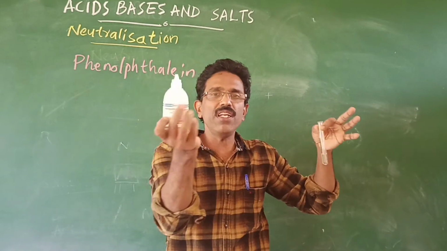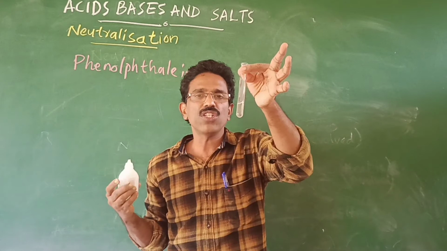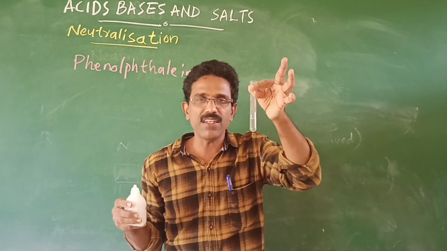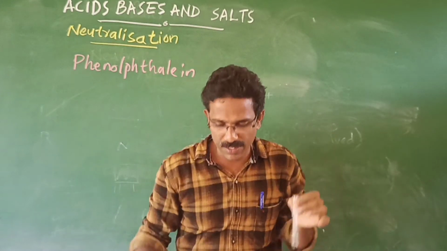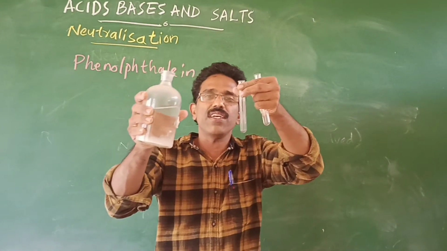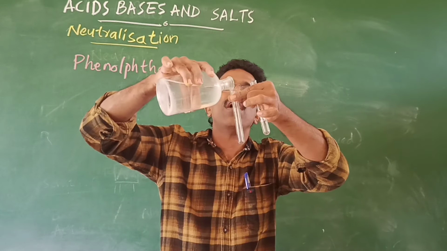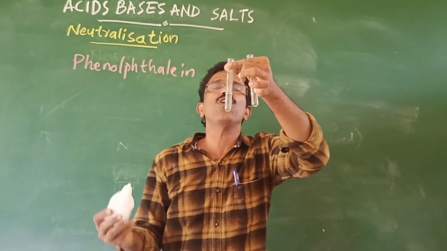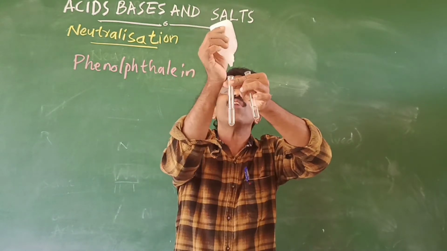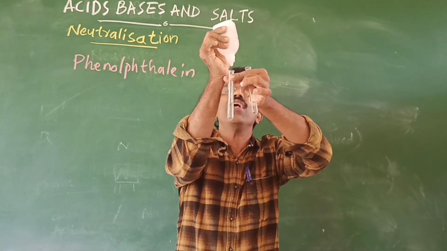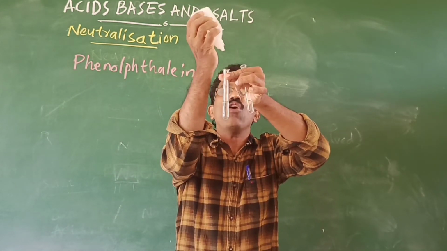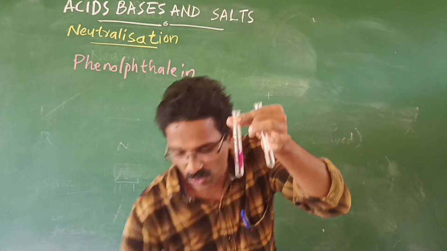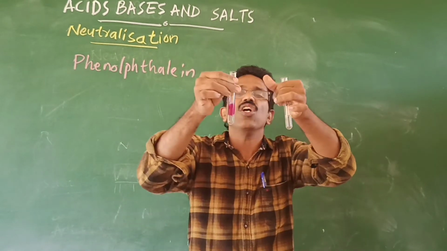So phenolphthalein indicator does not give any coloration with acid. That is the nature of phenolphthalein. In the second test tube, let us take some amount of sodium hydroxide. Into this sodium hydroxide also I am going to add a drop of phenolphthalein indicator. Yes, you can see the difference here.